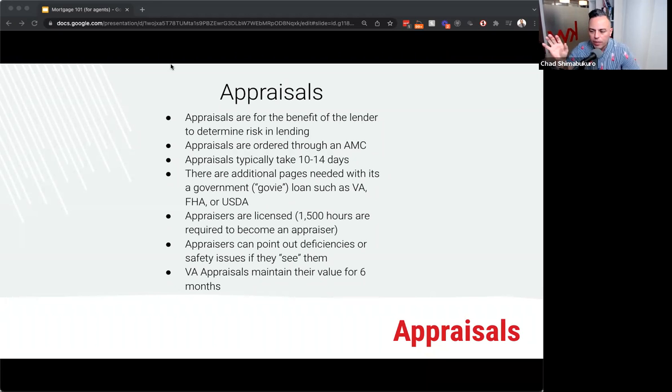If you're a listing agent and the property appraises for 500 and you have it listed for 600 and it's done through a VA buyer and you're in an area that is a high density of VA buyers, the education and conversation that you should be having with your seller is it's not as simple to go, yeah, forget this guy. We're just going to put it back on the market at 600 again and all will be well.